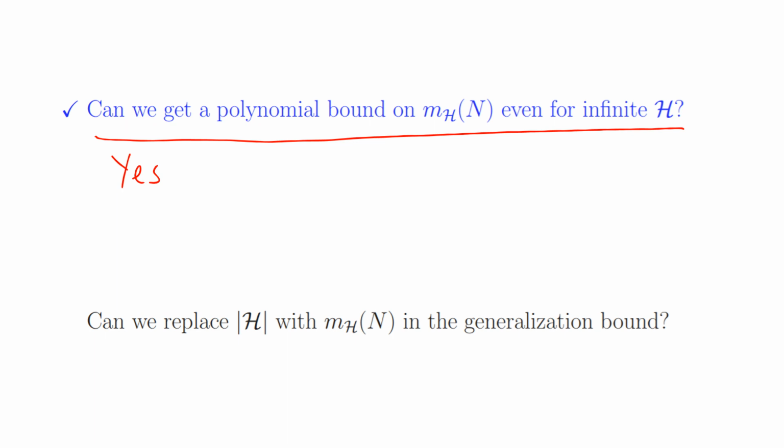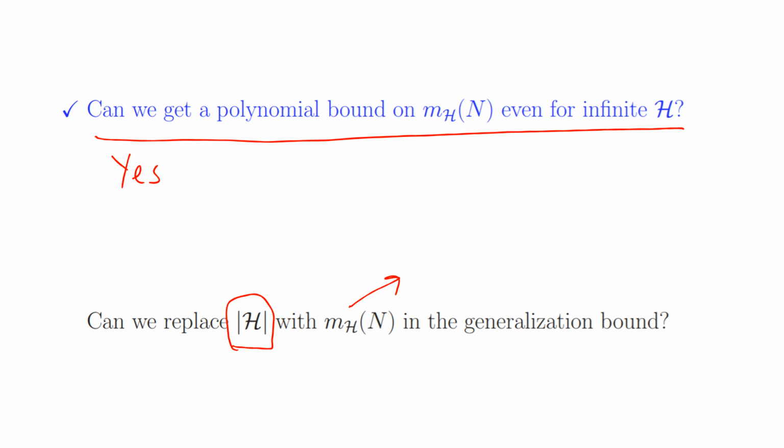The next thing that we need to answer is, can we replace the cardinality of the hypothesis set with m sub h of n in the generalization bound? That's the key question that we really need to answer, because now we've come up with a polynomial value for this. But if you remember the actual generalization bound, or the Hoeffding bound, in the error bar we still have the cardinality of h in there.